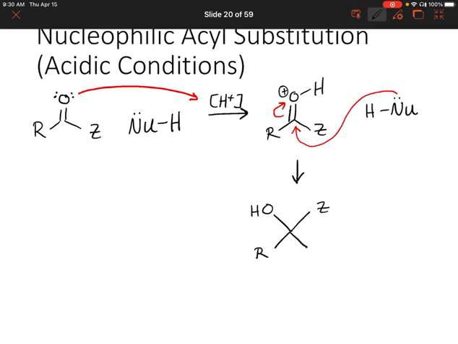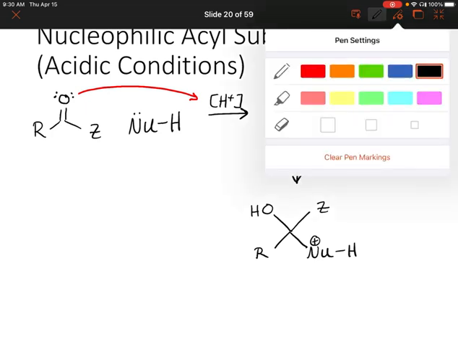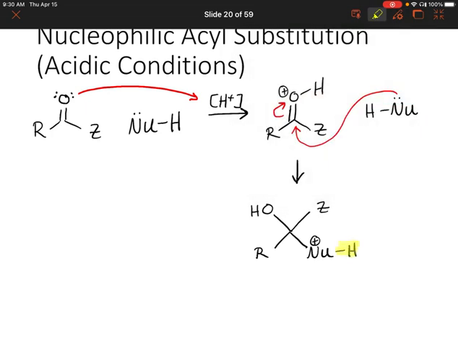So instead of a negatively charged oxygen, we're going to have a neutral oxygen that's bonded to hydrogen. And then our nucleophile has a hydrogen attached, so it will be positively charged. So what we're going to do is remove the hydrogen on our nucleophile. So let's just highlight that so we know which hydrogen we're talking about.